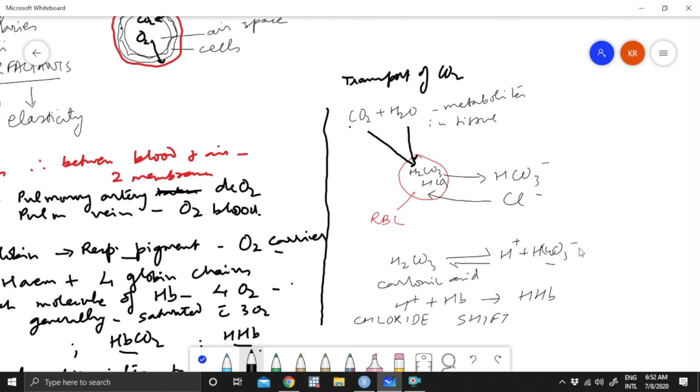And this HCO3 will now combine with, say, potassium or sodium and will form either, for example, NaHCO3 as salt of sodium or KHCO3, and goes up to the lungs and again reverts back to this and will go out as CO2. This is required to buffer the blood. And this phenomenon that I explained to you now is called chloride shift.